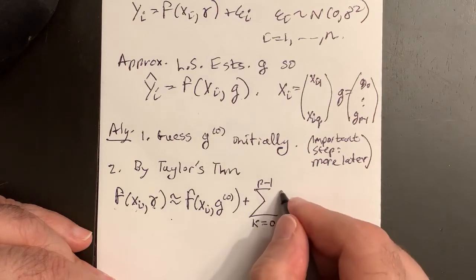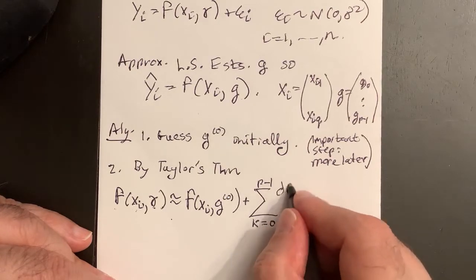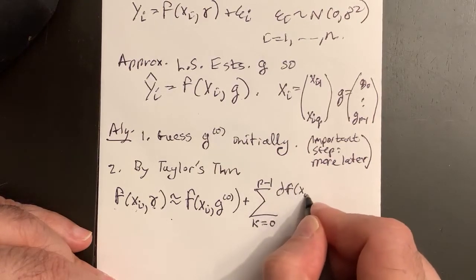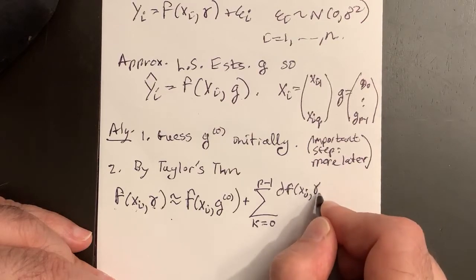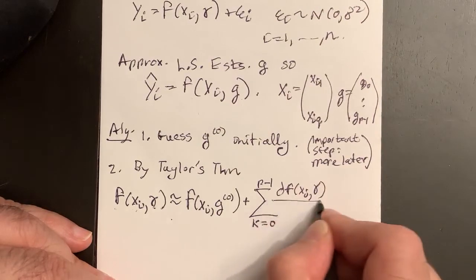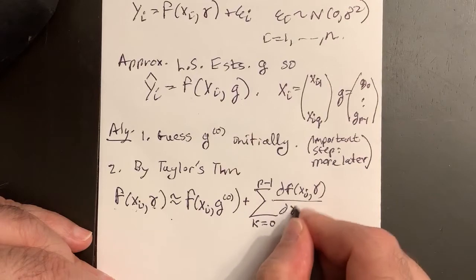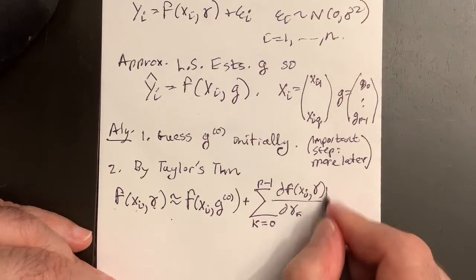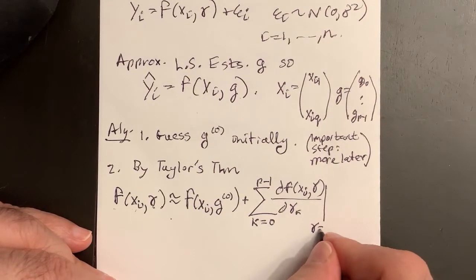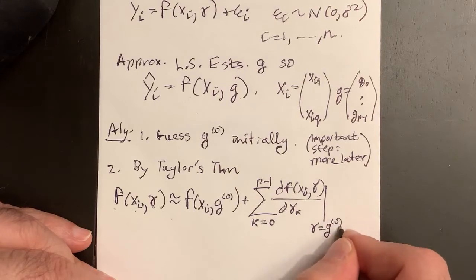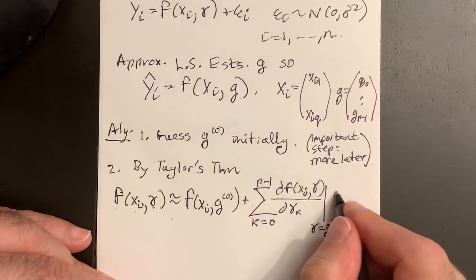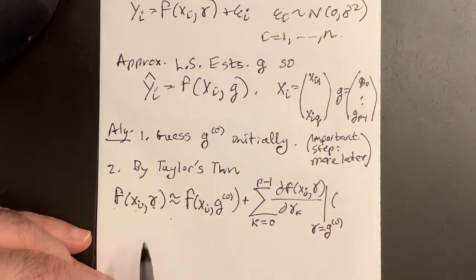We have these p terms, so I have the partial derivative of f(xi, gamma) with respect to gamma k, and I evaluate this at gamma equals g0, my guess, and now times the distance I'm moving away from g0.